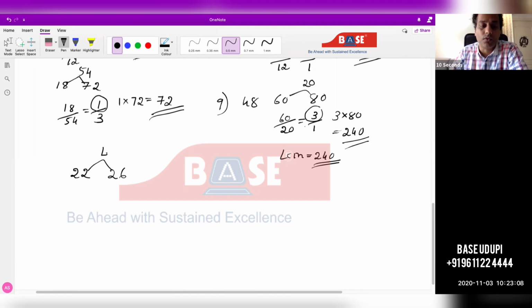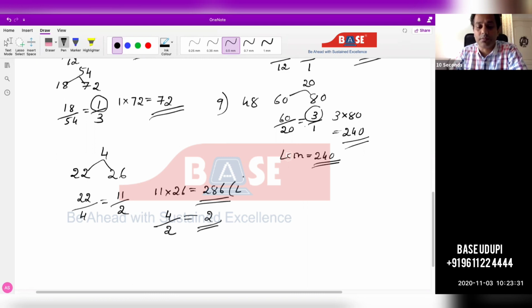Difference 4. 22 divided by 4. 11 divided by 2. First LCM. LCM is numerator into second number. 286 is LCM. What is HCF? Difference divided by denominator. 2 is HCF. Very, very simple. LCM and HCF.